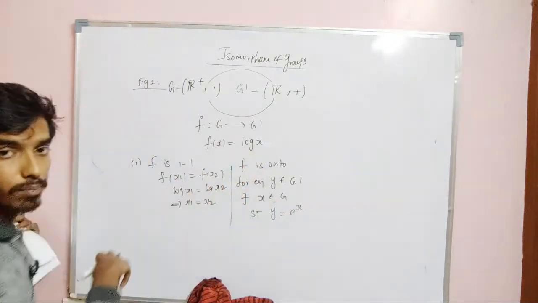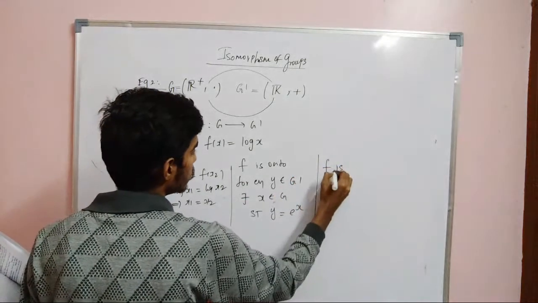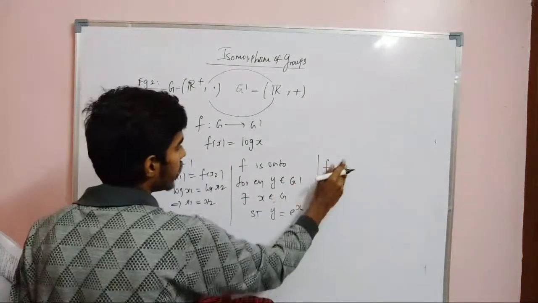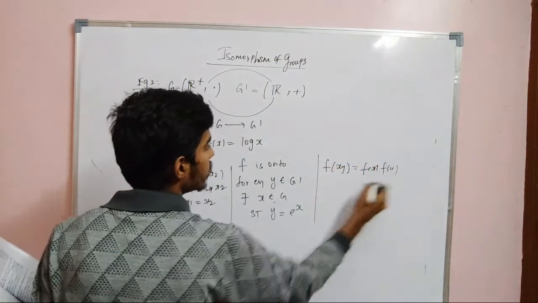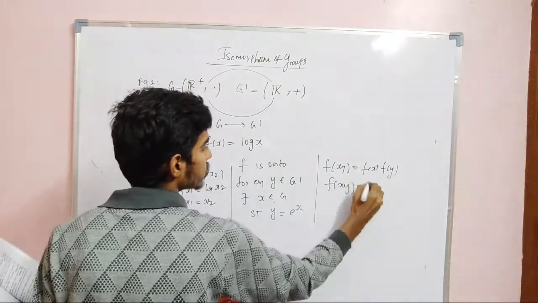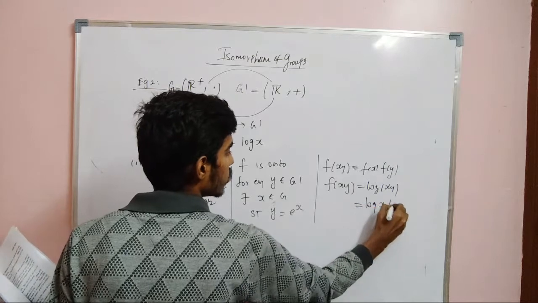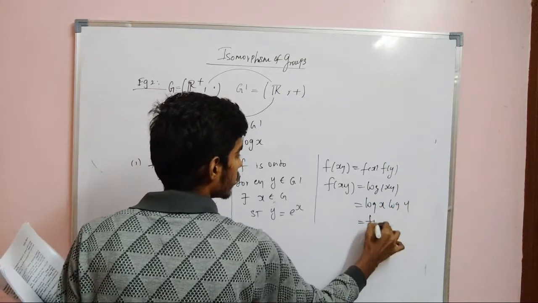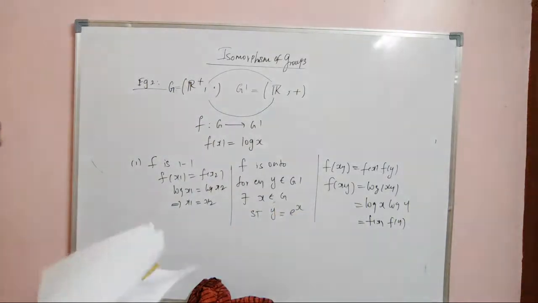It is also a homomorphism, that is it preserves composition. I need to prove f of xy is equal to f of x into f of y. So what is f of xy? It is log xy, and we know log AB is log A plus log B. So this is f of x, this is f of y. Therefore it satisfies the three conditions, right?